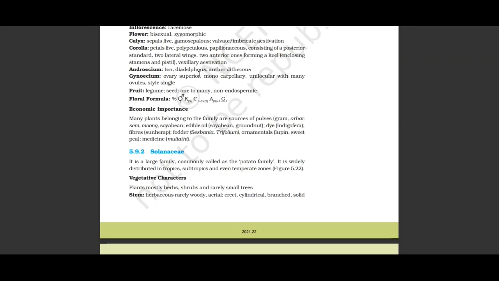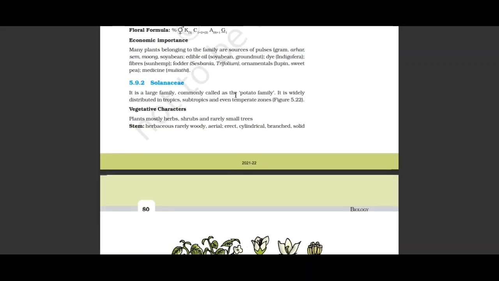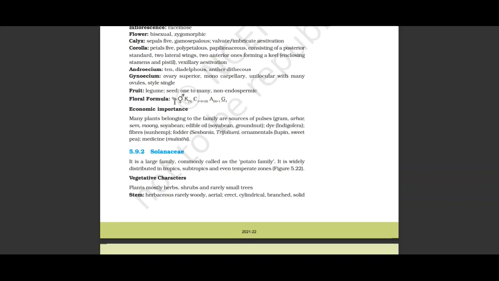Androecium 10, diadelphous, anthers dithecous. Gynoecium, ovary superior, monocarpellary, unilocular with many ovules, style single. Fruit is legume. Seed 1 to many, non-endospermic. Here they have given the floral formula.